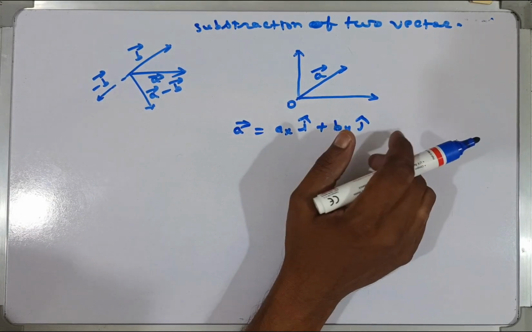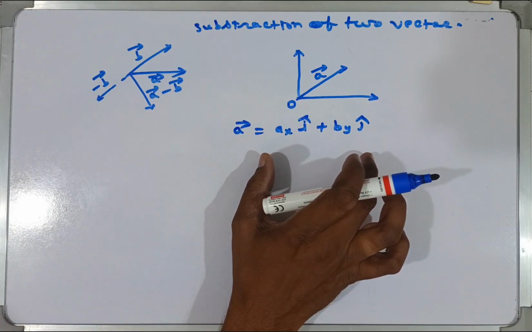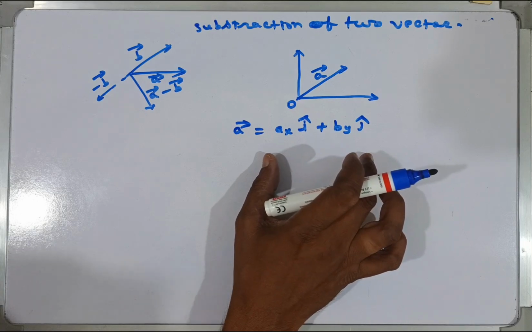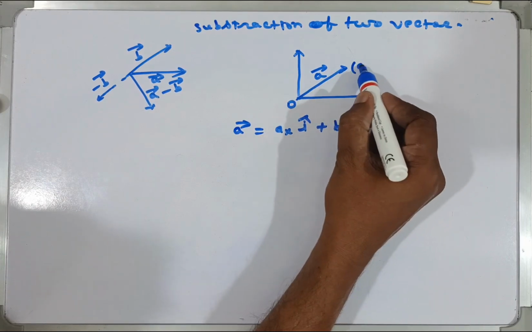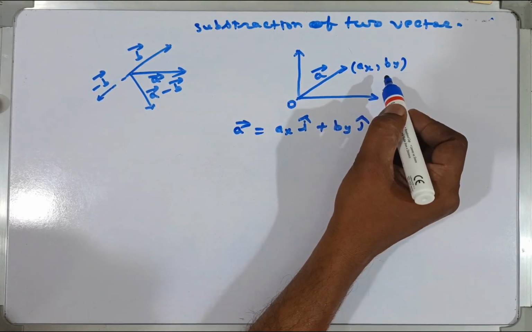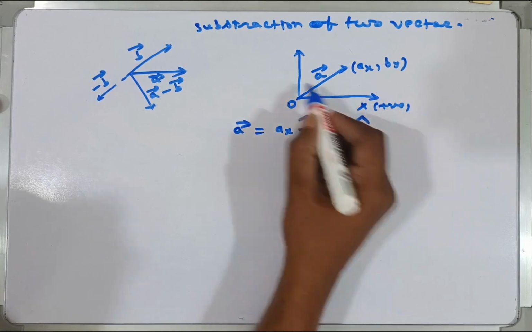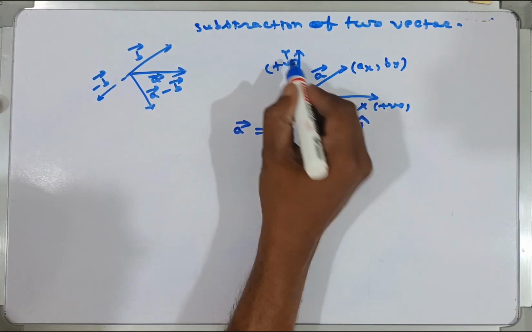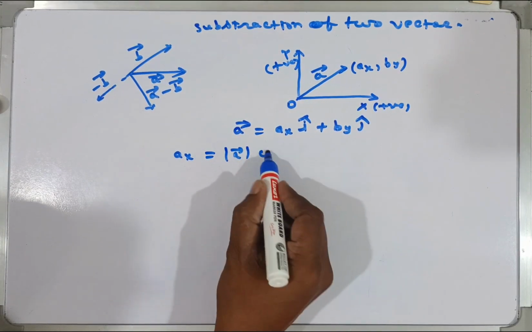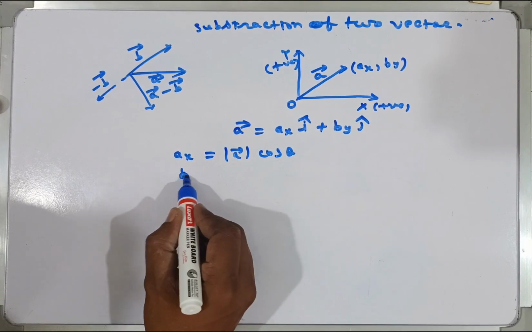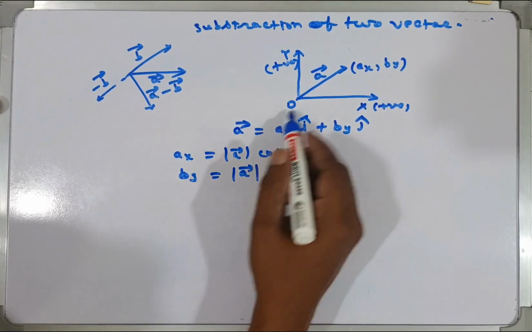Okay guys, so how could we write here like this? Okay, so guys, you must remember here, if this point's coordinate is ax and by, and this one is the positive x-axis, and this one is the positive y-axis, then ax equals mod of a cos theta and by equals mod of a sin theta, meaning perpendicular distance.